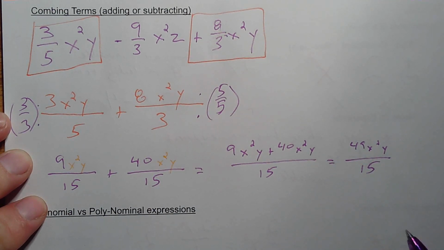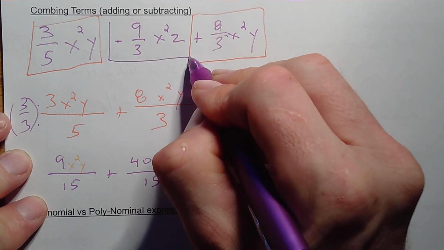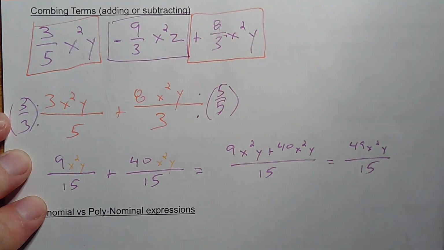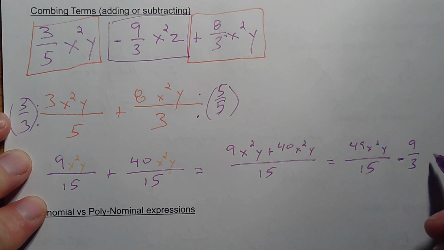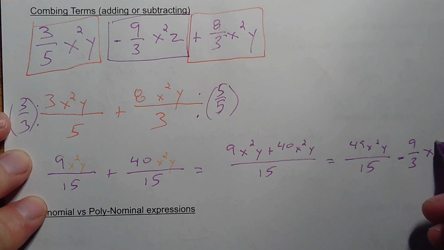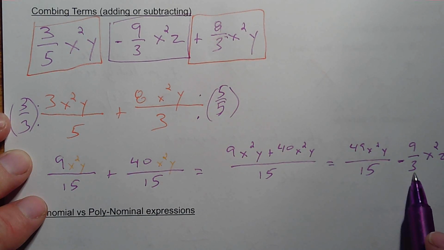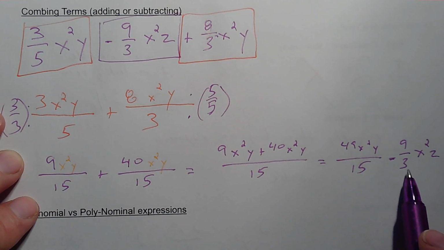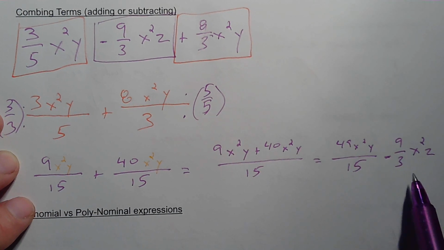Okay, that's not the final answer, because don't forget about this guy at the very top, right? We've got to take minus 9 over 3x squared z. Right? And if you wanted to combine that with the 15, you could, but it doesn't really matter, because you cannot combine these two terms, right?